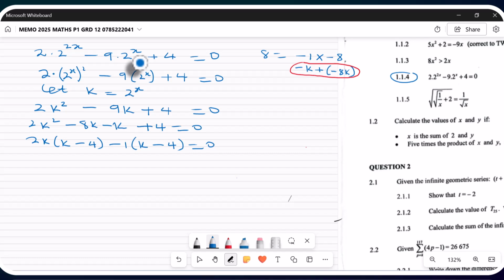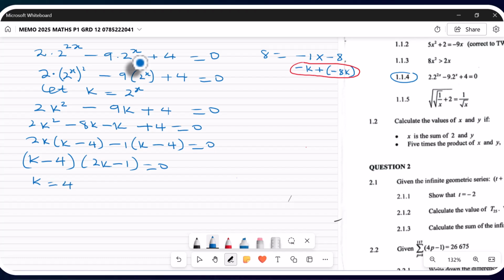Again, because of the 0, I'm going to say either k minus 4 is 0, giving me k equals to 4, or 2k minus 1 is 0, which gives us what? k equals to 1 over 2. Okay, but don't forget our k. We say that our k equals to 2 power x from here.